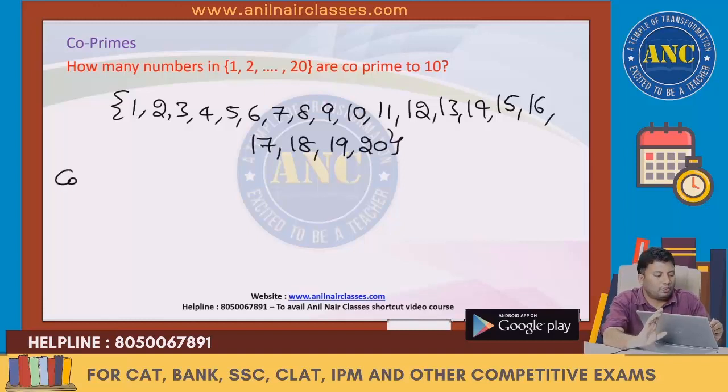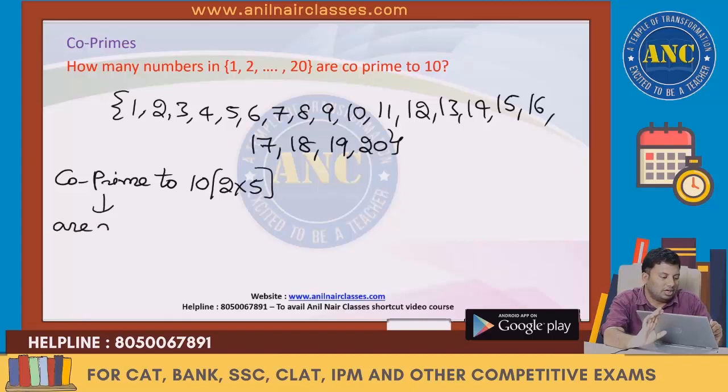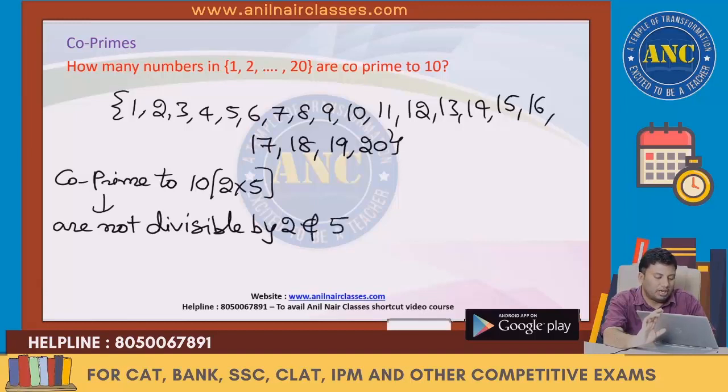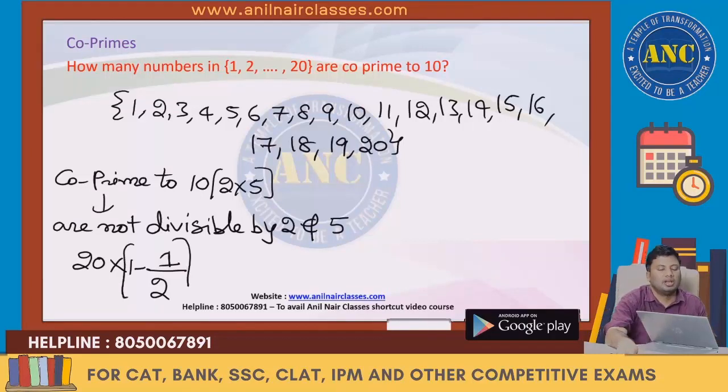How many are co-prime to 10? 10 is nothing but 2 and 5. Co-prime to 2 means HCF of that number with 2 should be 1. How many are not divisible by 2 and 5? Out of 20 consecutive numbers, in every 2 consecutive numbers, one number is divisible and one is not divisible.